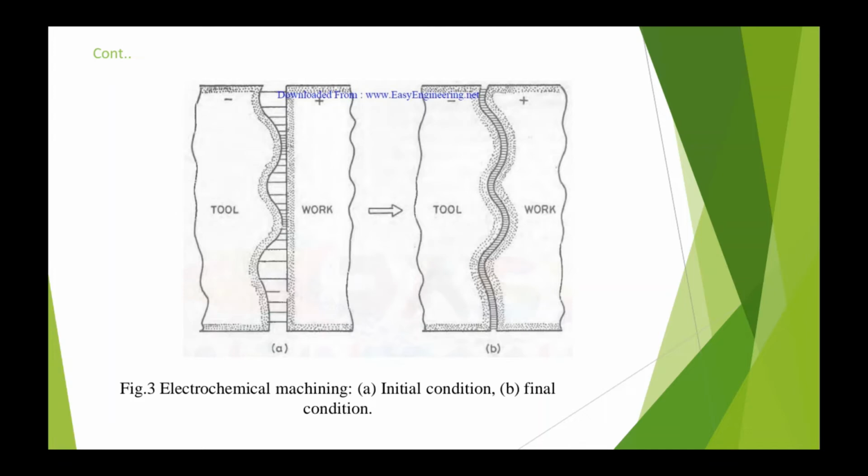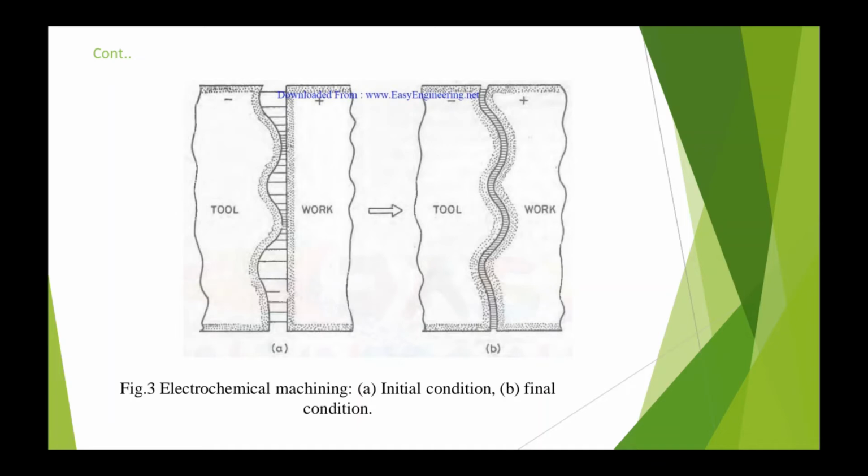During this process, a gap of 0.05 to 0.7 mm is provided between the tool and the workpiece, and electrolyte flows through the gap at a velocity of 30 to 60 meters per second, and it completes the electric circuit. Normally electrolyte is pumped at a high pressure of 20 kg per square centimeter, that is 1.96 megapascal, through the gap.